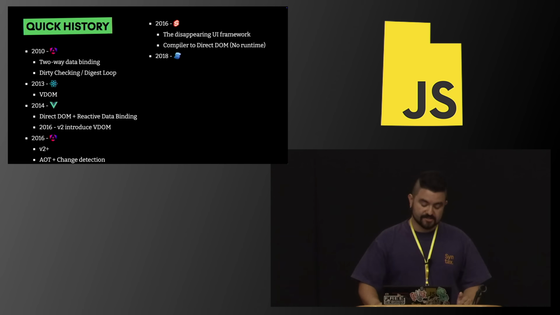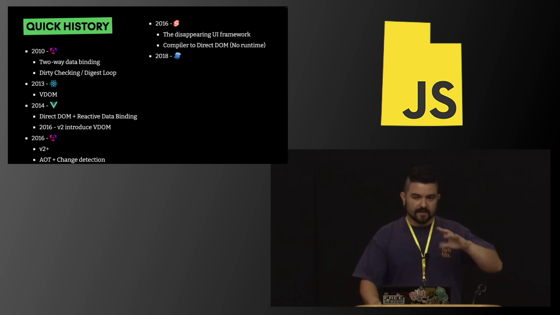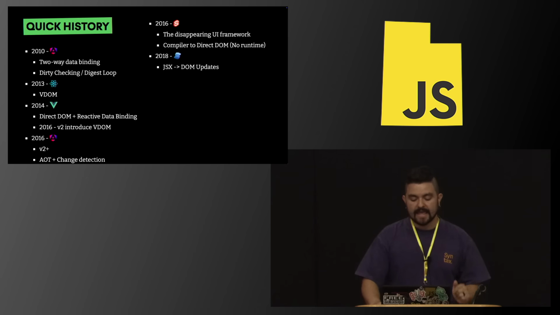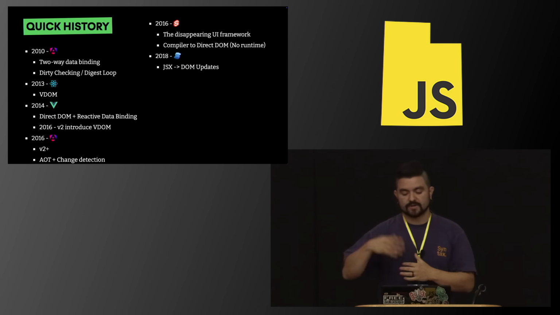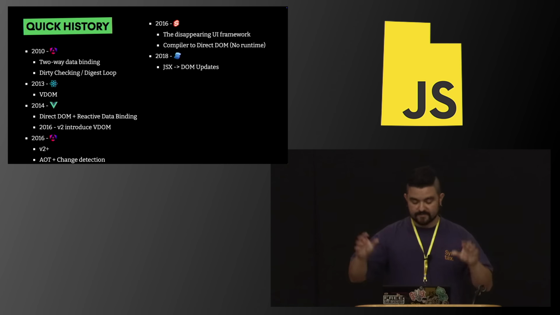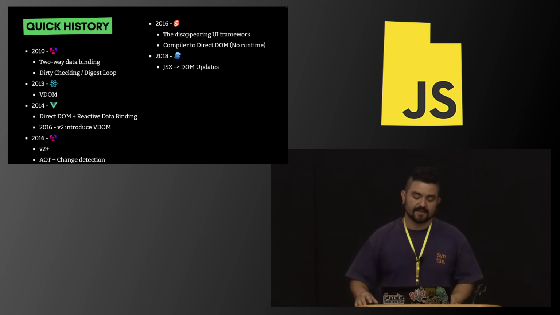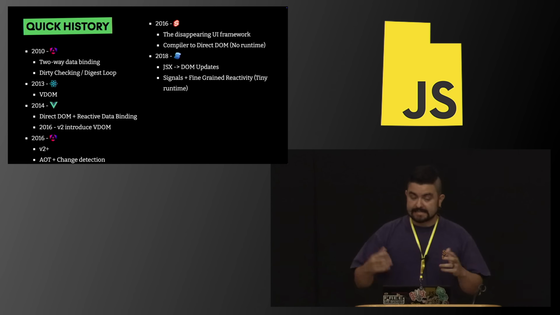In 2018, Solid.js came out. And it was kind of a hybrid mode, but they learned a lot from Svelte. So Svelte kind of proved that you didn't really need a virtual DOM to do this kind of thing. And Solid.js actually allows you to write JSX, and it does direct DOM updates. So for any React developer out there, Solid.js is probably the closest thing that you might like to take a look at that does things in this more optimal way, where instead of having a virtual DOM tree, it uses signals.